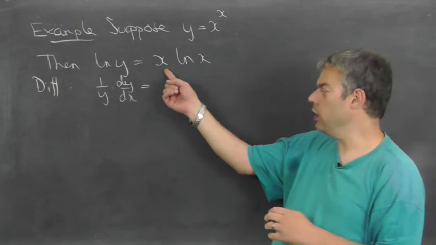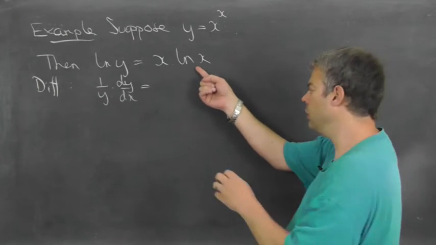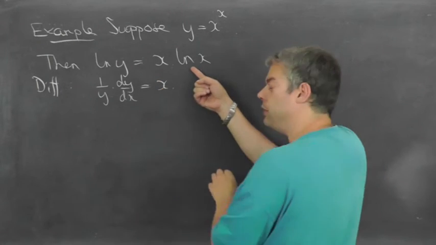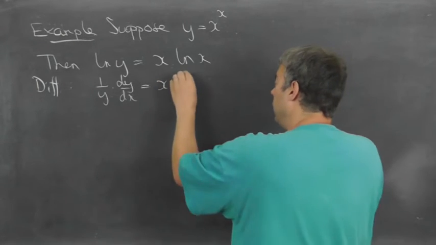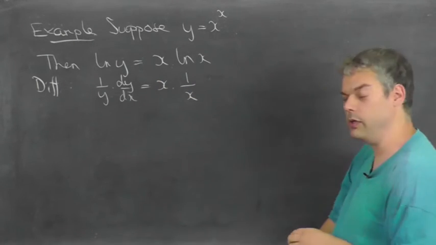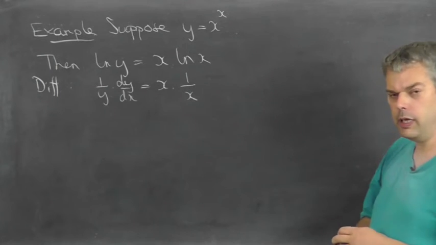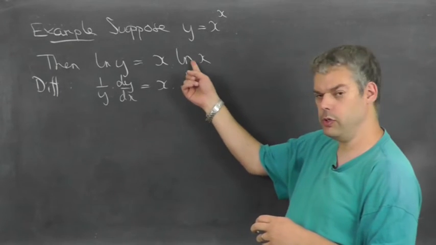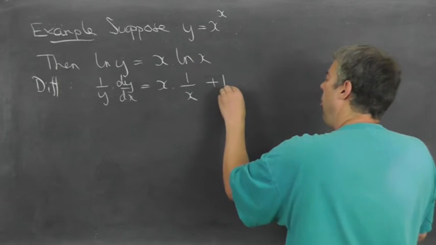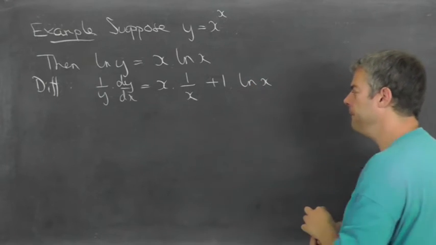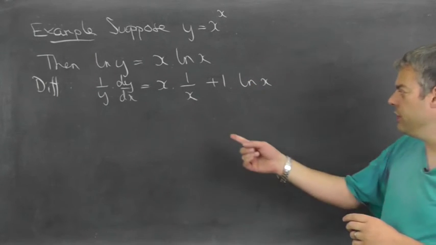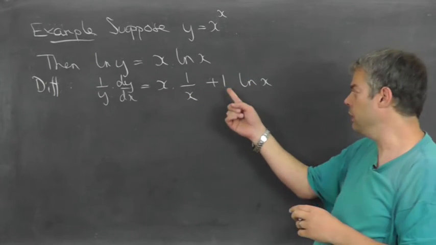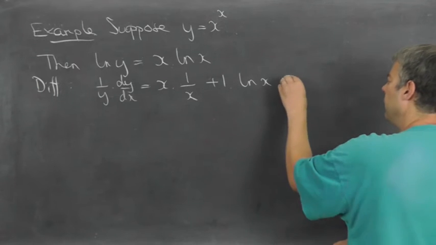It's f1 times f2 dash, so f2 dash is 1 over x, if f2 is log x, plus f1 dash times f2. So this is just x times 1 over x is 1. This is just 1 plus log x.